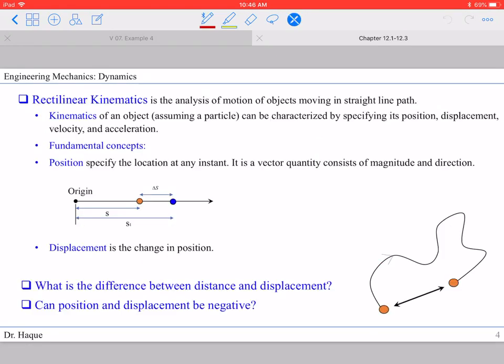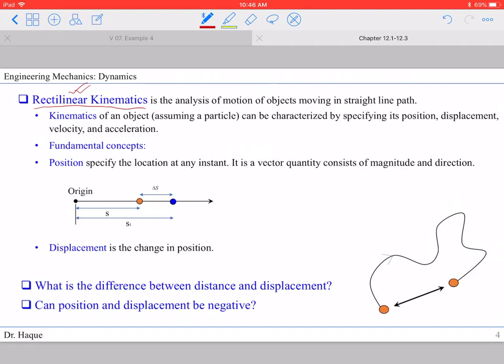So an easy way to start studying kinematics is to start with rectilinear kinematics. Rectilinear means straight path motion. So rectilinear kinematics is the analysis of motion of objects moving in a straight line path.